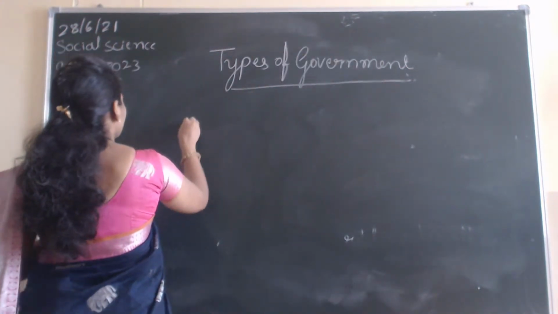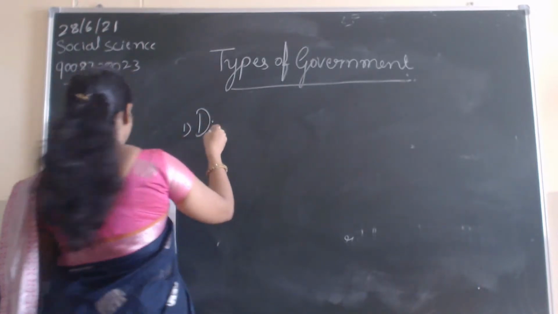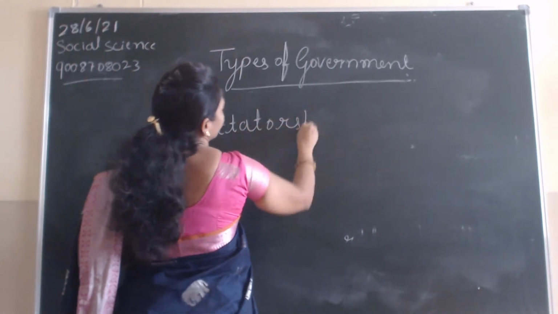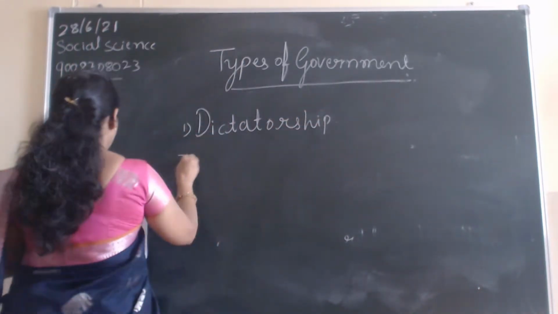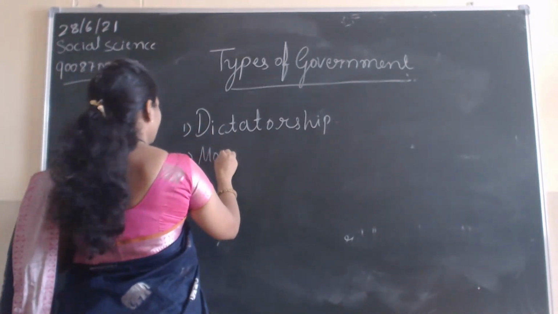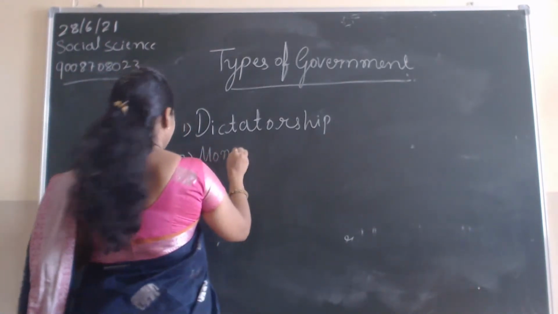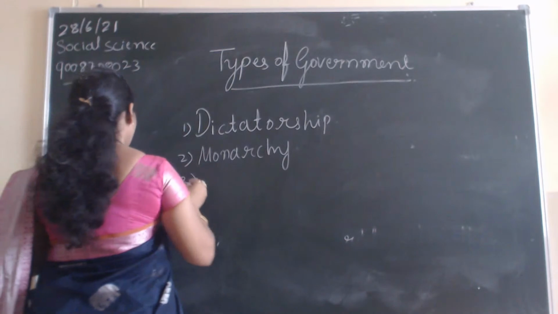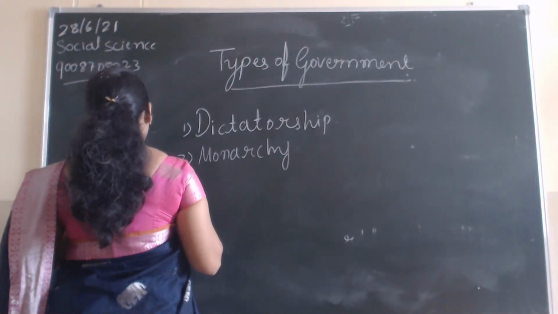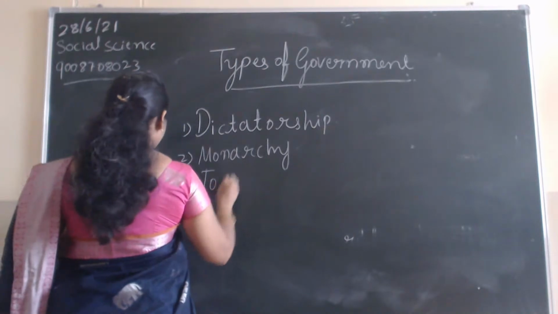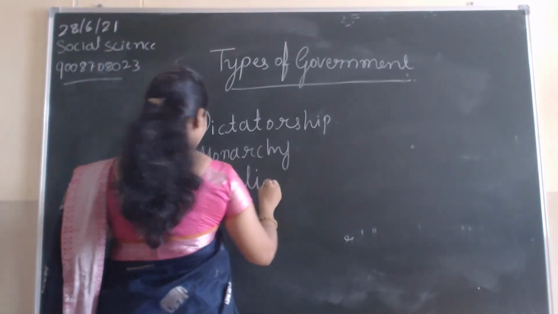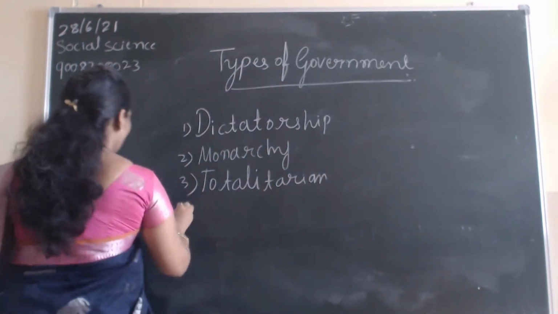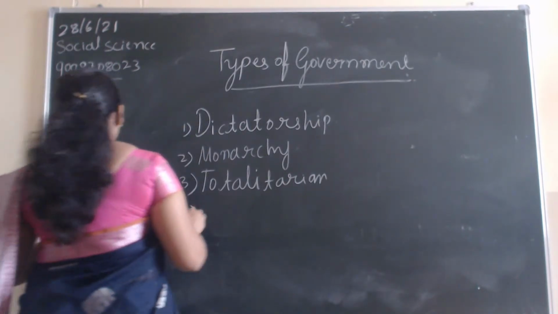First one is dictatorship. Dictatorship is one type of government. Second one is monarchy. Monarchy is one type of government. Third one is totalitarian. Totalitarian is one kind of government. Fourth one, technocracy.